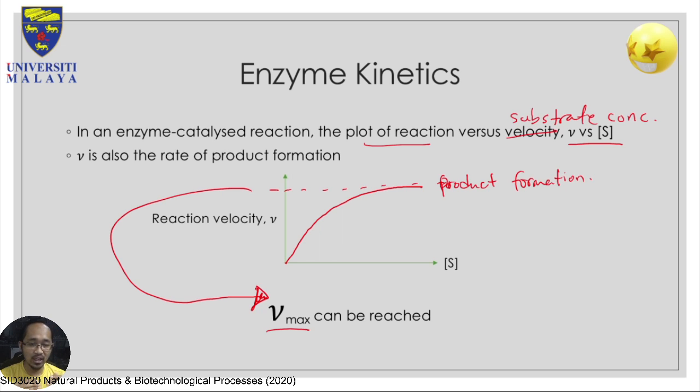Vmax might be important for a researcher, but for industrial purposes what you want is a constant production of a product. You want to know what Vmax is, but during application you don't want to reach Vmax, because if you reach Vmax, meaning that your enzyme is already saturated, there might be some other issues that come into play, therefore affecting your product formation.